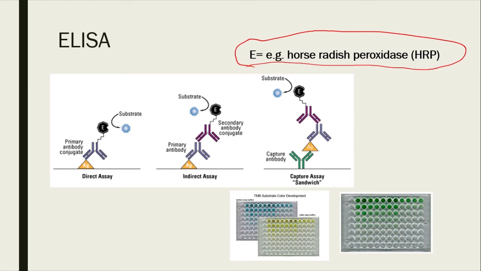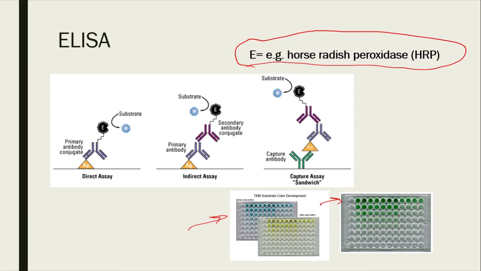For visual detection, we need some type of color change. Now, for fluorescence, it is also a color change, but we cannot see the fluorescent spectrum. We use an instrument to analyze that color change. And for ELISA, it's a color spectrum that we can see with our naked eye. So here is an example, two graphs here.